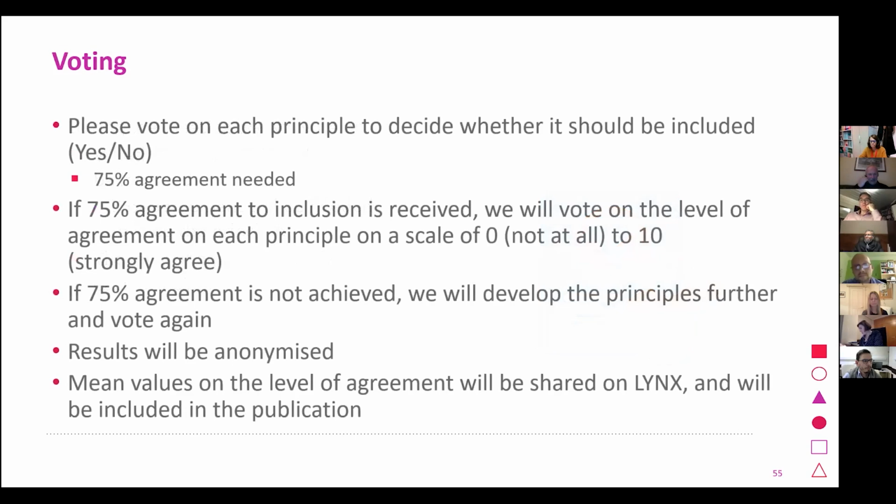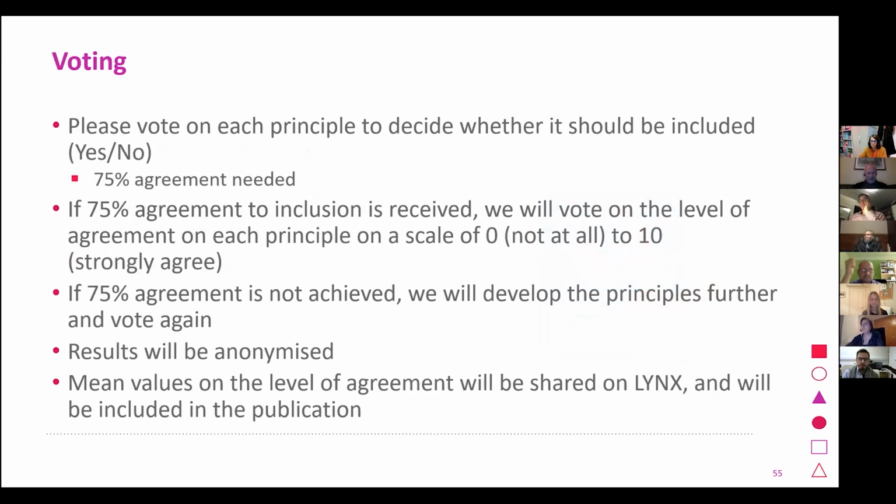We will have one page where we give this recommendation and we have this discussion, and you can vote yes or no. If we have this agreement of 75%, which means strongly agree, then we have a consensus for this.